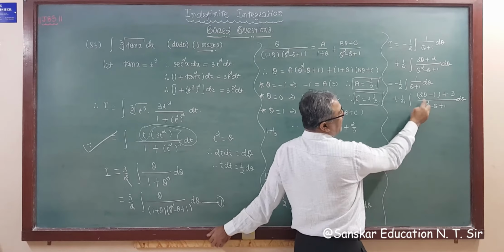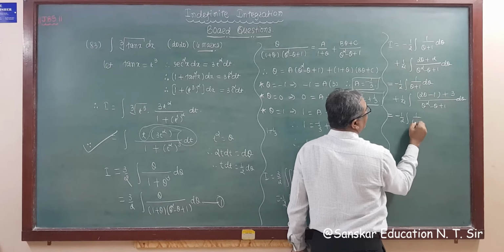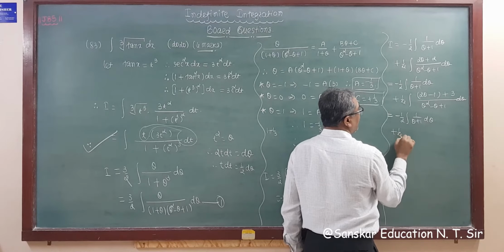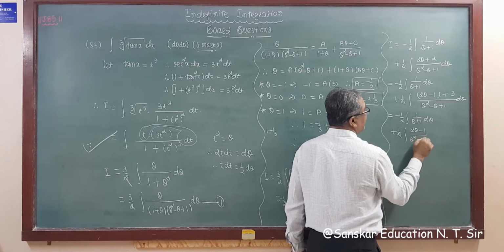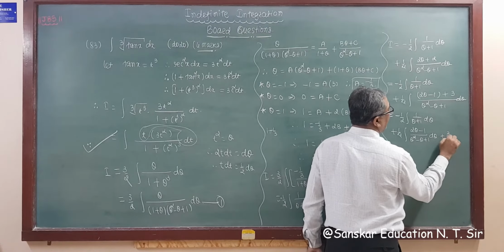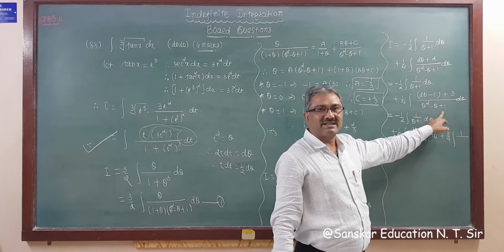So again bifurcating this, we get -1/2 integration 1/theta plus 1 d theta plus 1/4 integration 2 theta minus 1 upon theta square minus theta plus 1 d theta plus 3/4 integration 1 upon theta square minus theta plus 1.